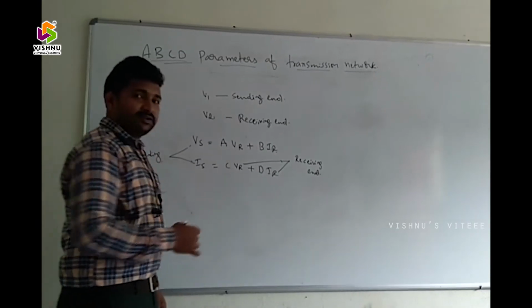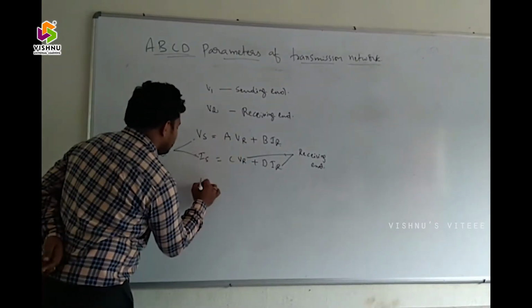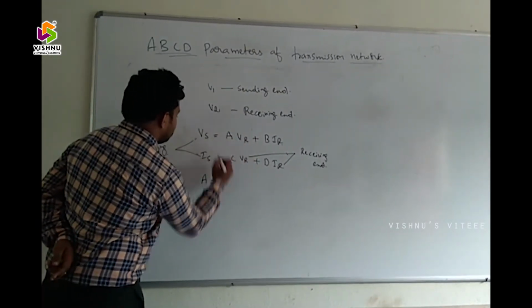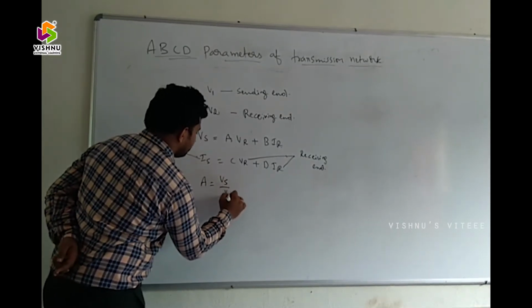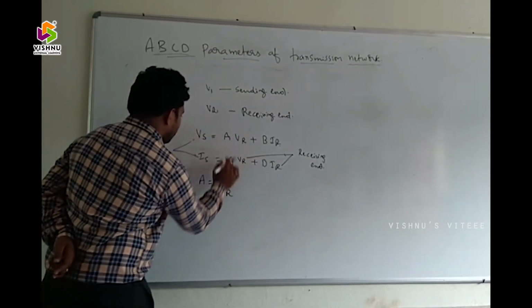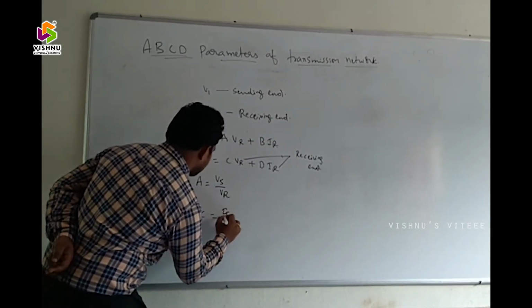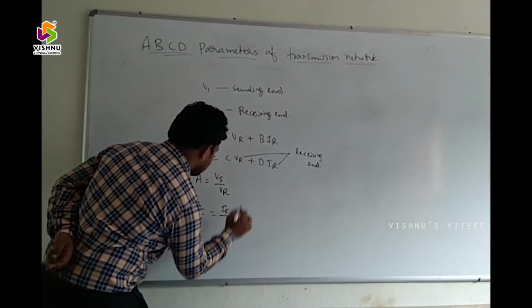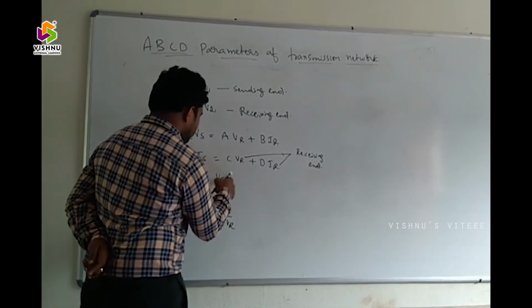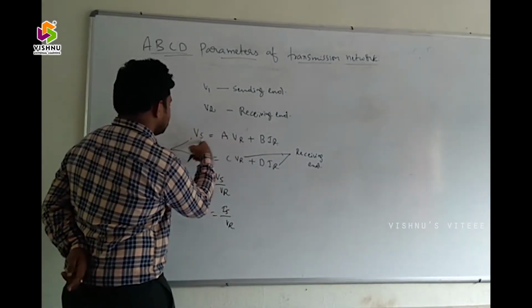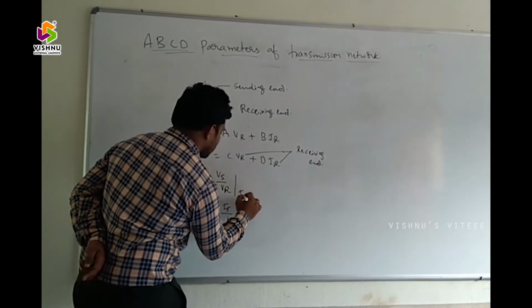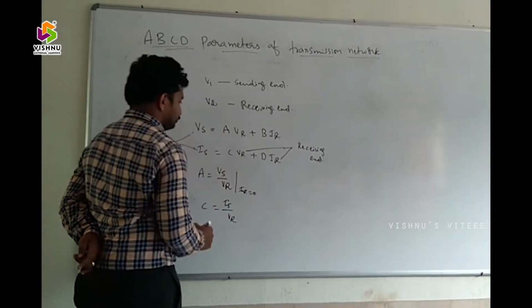When we write the parameters individually, A is equal to Vs by VR, and C is equal to Is by VR, when IR is equal to 0.